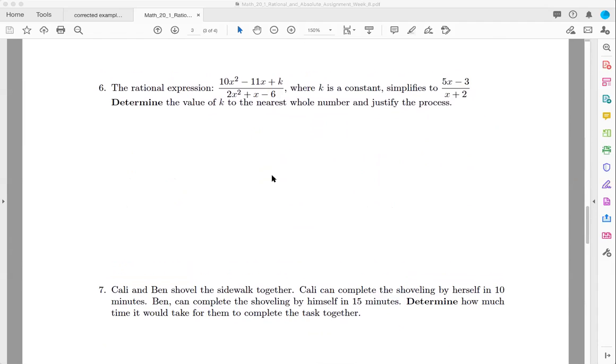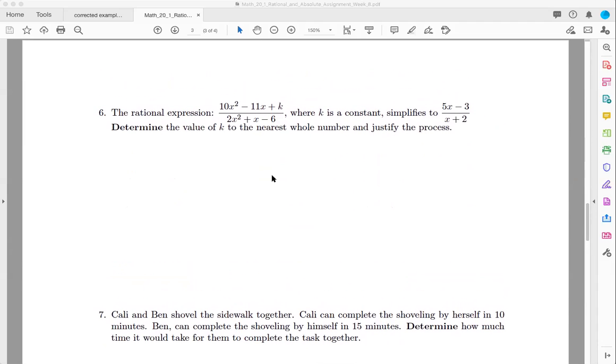And let's take a look at question number 6. There's a typo here that we should probably take care of, and that is this one right here. So this one should say 21x. Now here's the idea.